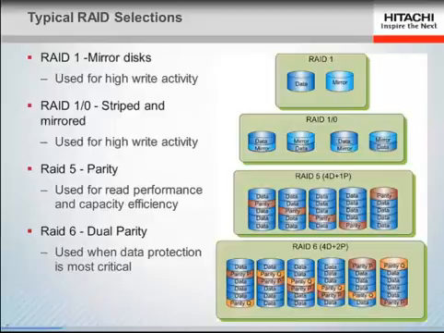RAID 6 is getting more and more popular in the data centers for data protection. It gives a little bit more write overhead than RAID 5. However, it gives much better data protection. In this example, we're showing RAID 6 4 data plus 2 parity.